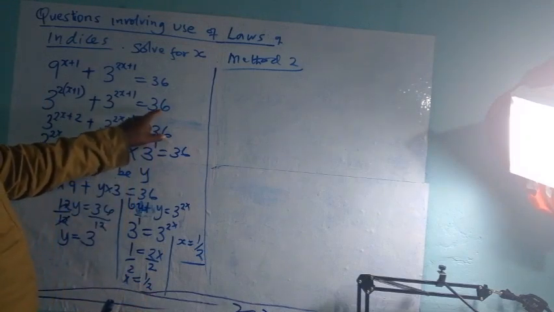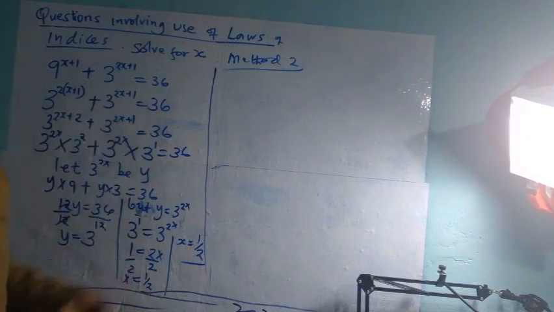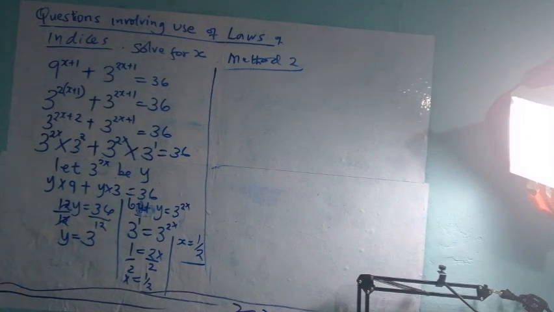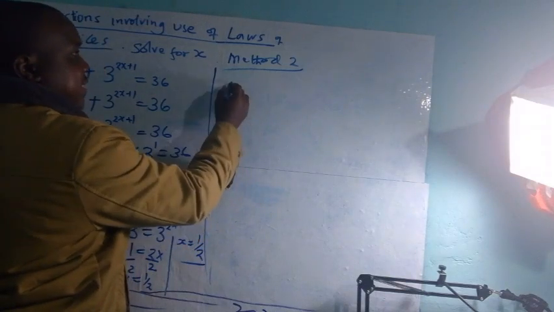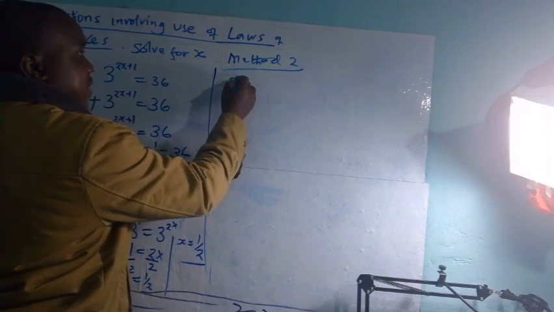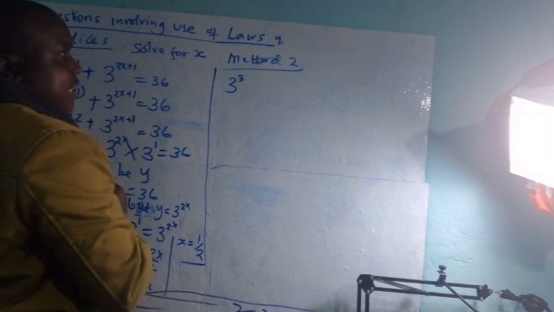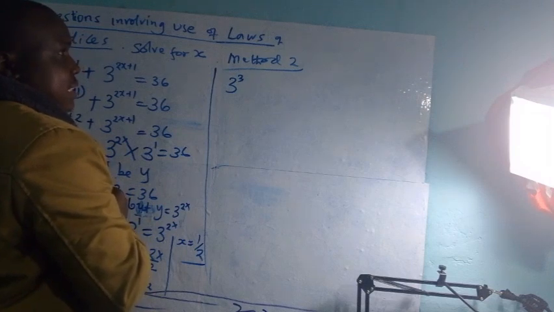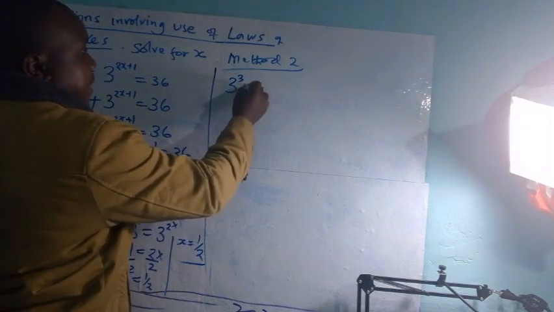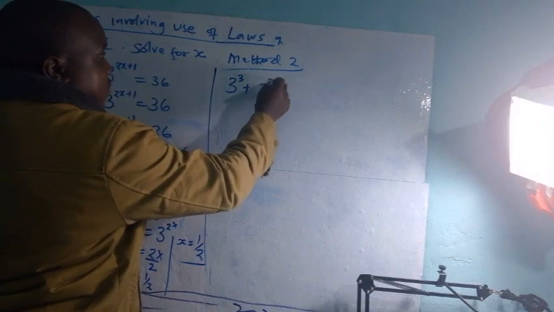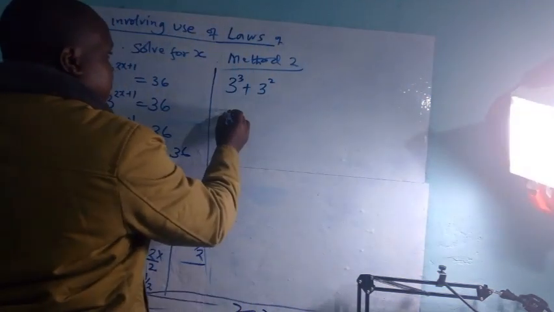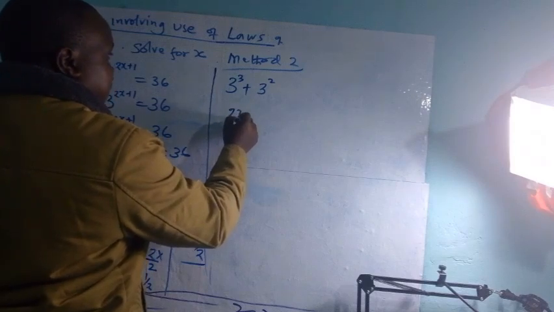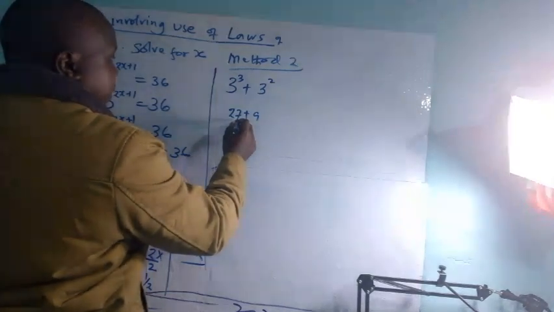I'm going to try and write 36 in terms of base 3. 36 actually is 3 raised to power 3, that is 27, plus 3 squared. Let's check. That is 27 plus 9. That is true.